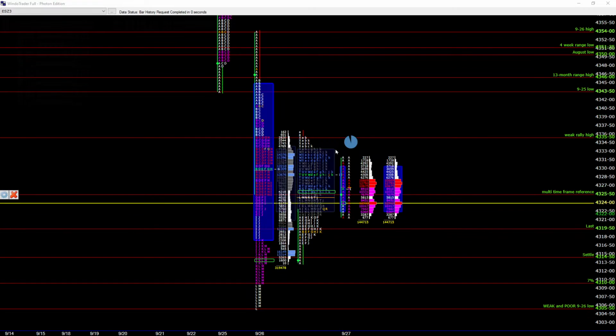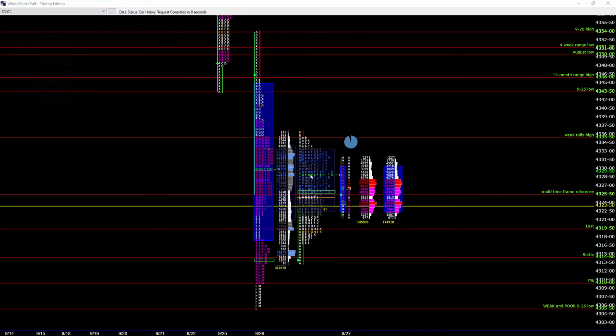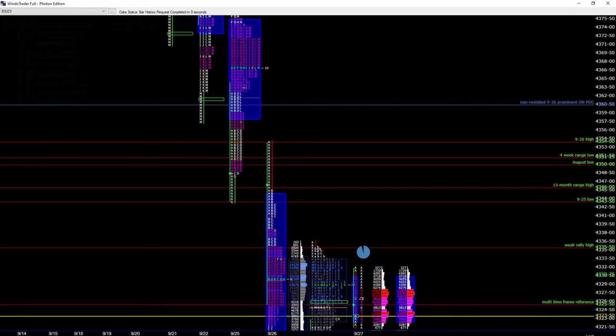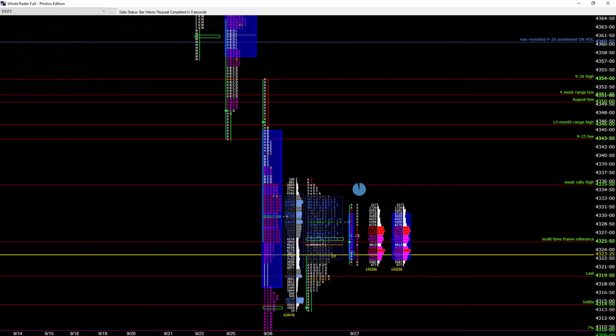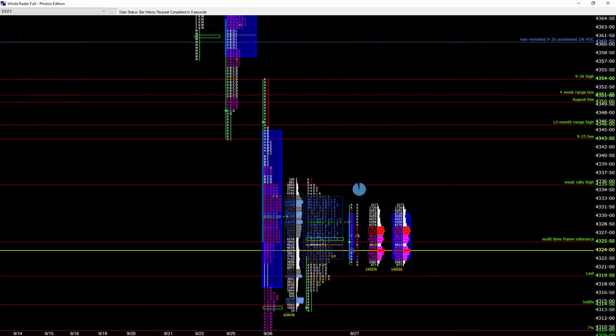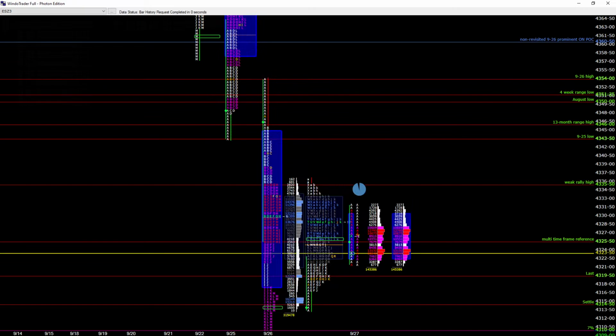The first period is almost done. Notice what the market is doing right at the opening. There's a lot of back and forth, a lot of chop here in these markets. CPI is on Friday.